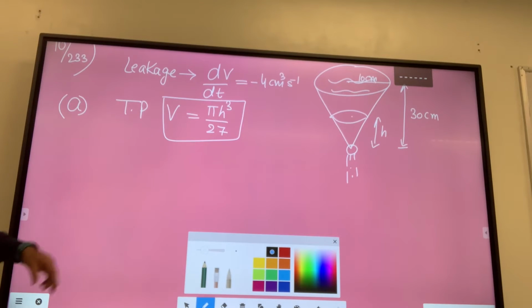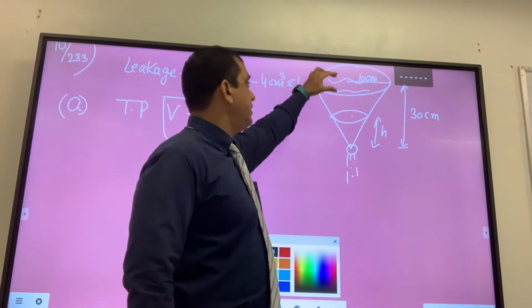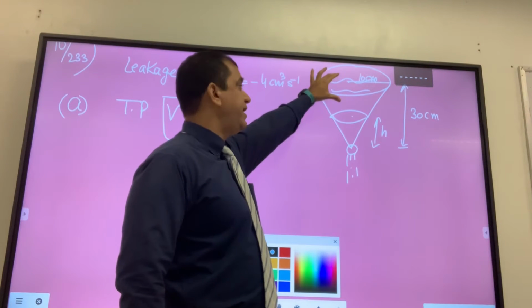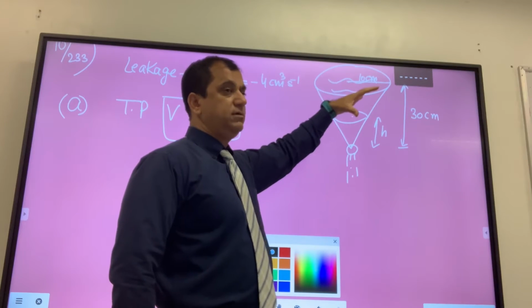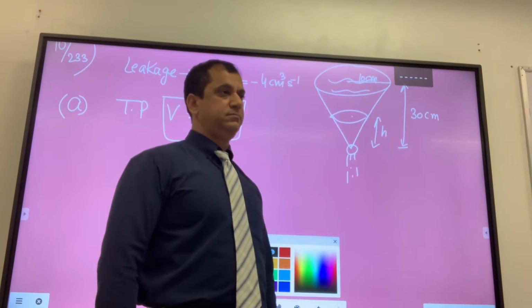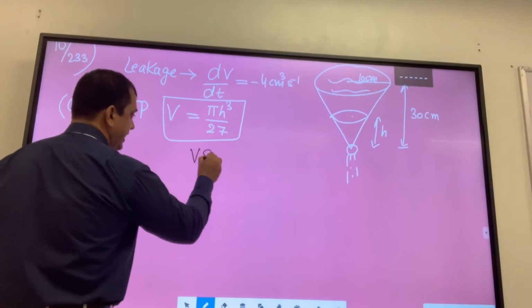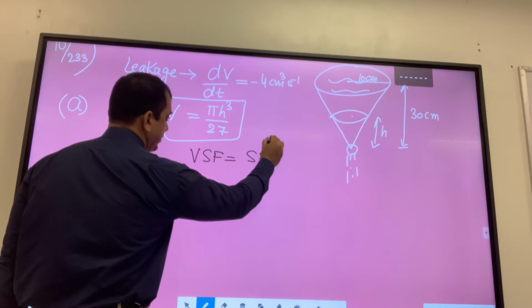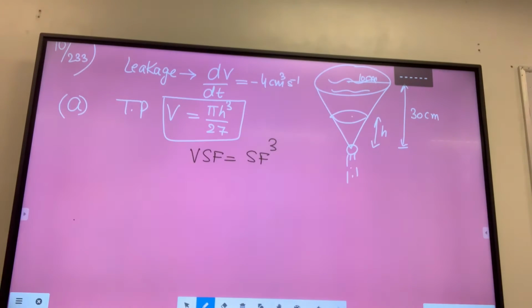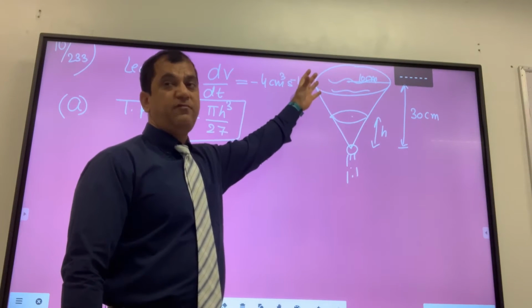So the reduced volume when the level is h, divided by the initial volume when the level was 30 centimeter, the actual height of the cone, is equal to the cube of the scale factor. So we have learned that volume scale factor is equal to scale factor cube, right? Volume scale factor means volume of reduced versus volume of original.